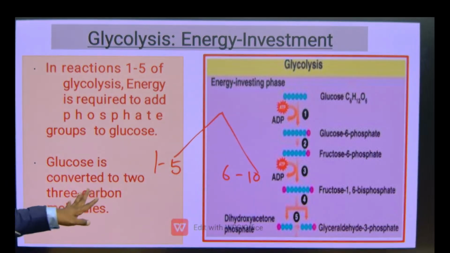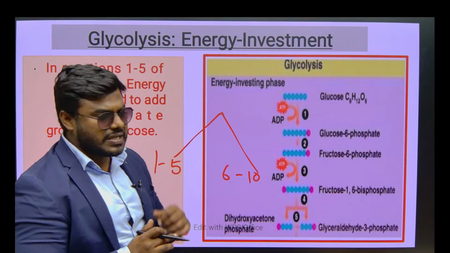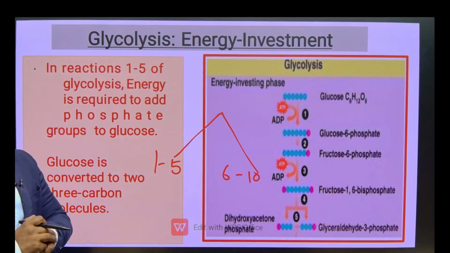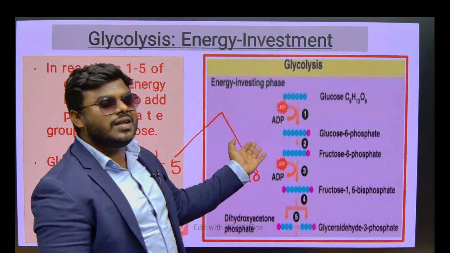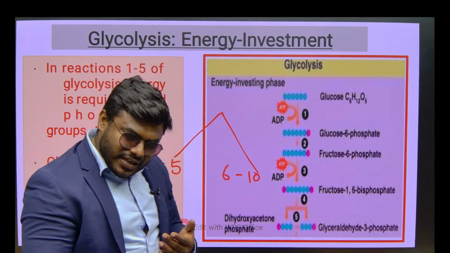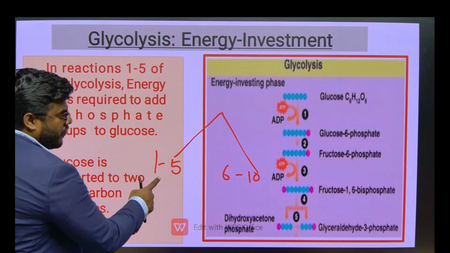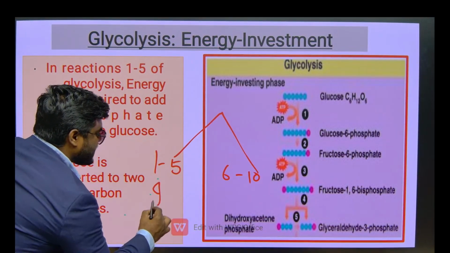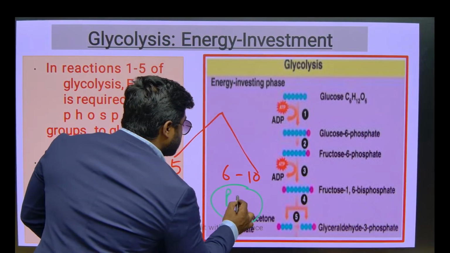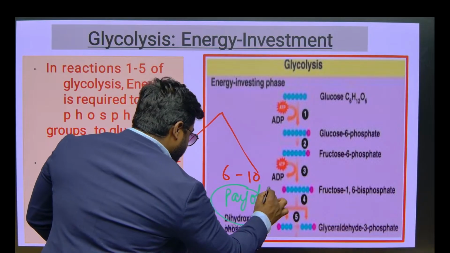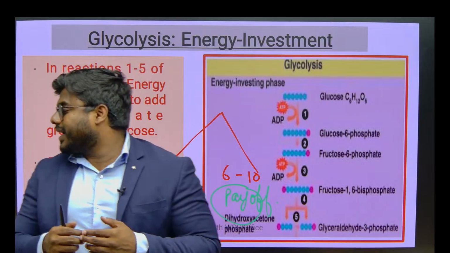If you ask me, sir, is it necessary to remember the structures? 90% it's not required. 10%, if the question paper is really tough, there is a possibility that they will raise a question from the structure. So it is advisable to remember the structures also. Now steps 1 to 5 of glycolysis are called the investment phase. Steps 6 to 10 are called the payoff, or profit, phase. Simple example, I want to start a business.